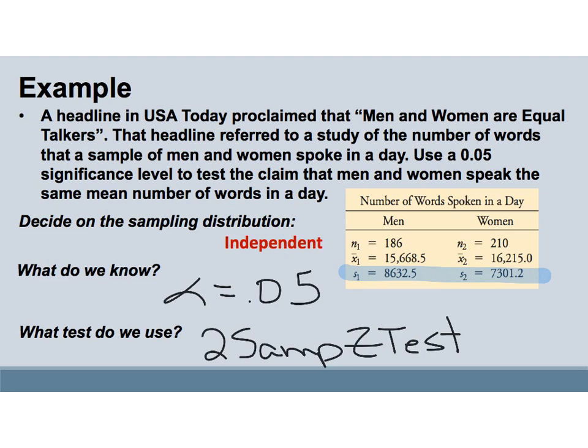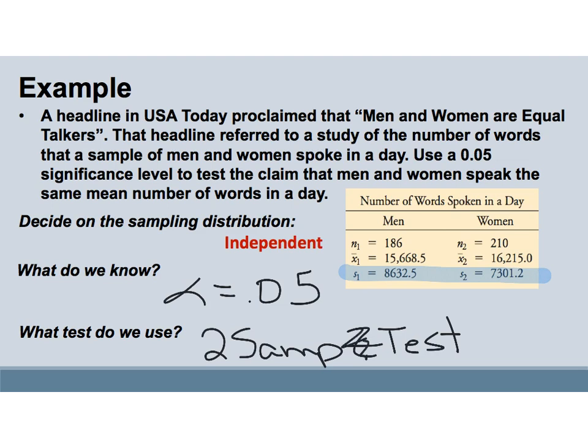Okay, the same place in the calculator, stat over to test. I just need to do number 3, the 2-sample z-test. Shame on me. That's not a Z. I hope somebody was sitting there going, why would it be Z?